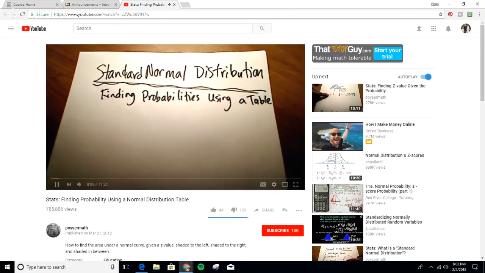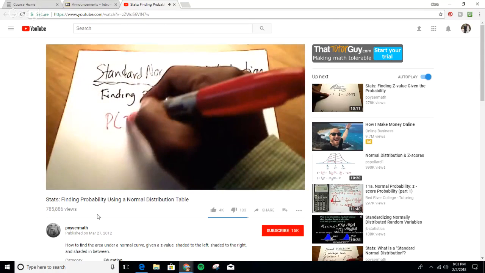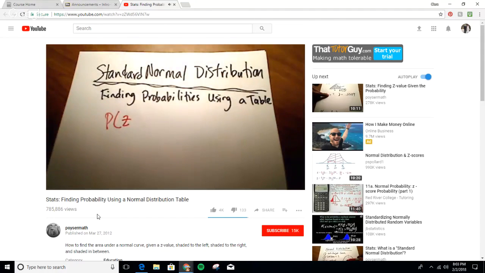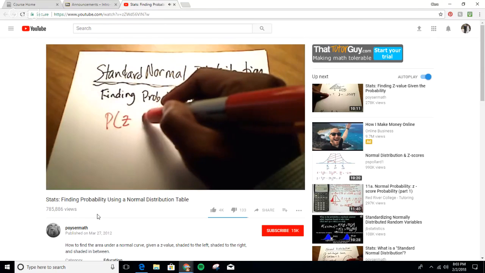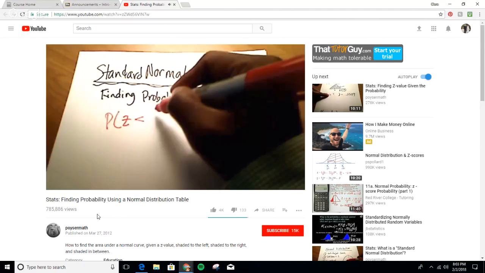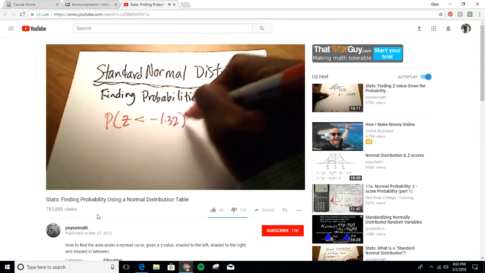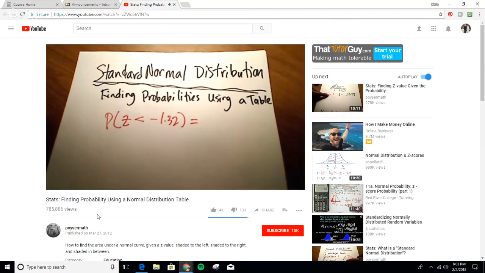Yes. Okay. To find a standard normal distribution table, I'm going to find probabilities that are of interest. For example, if you are asked to find the probability that Z, and we'll talk about Z in just a second, is less than negative 1.32, using a table, how can we actually find that value?